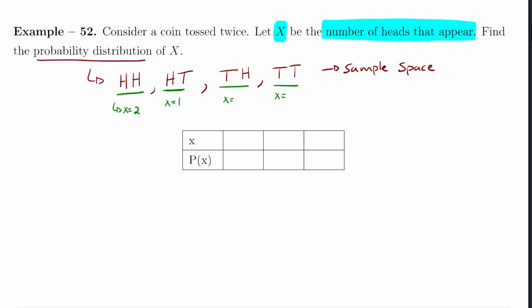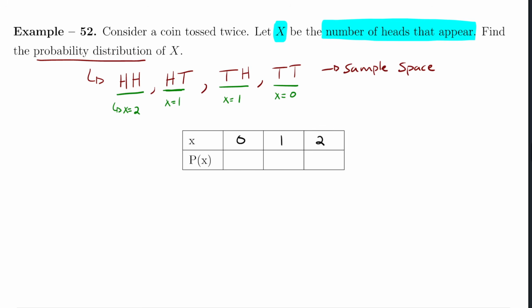In our third entry, tails heads, we have 1 head, so that's X of 1. And in the last entry, tails tails, that's no heads, which corresponds to 0. So I know the possible X values are 0, 1, and 2. We're going to list that in our table: 0, 1, 2, corresponding to 0 heads, 1 head, 2 heads.